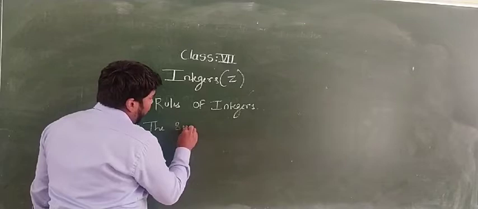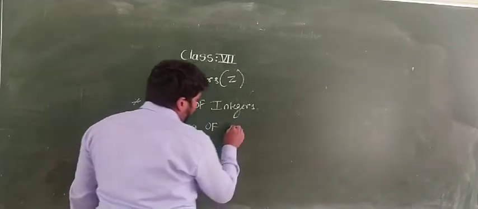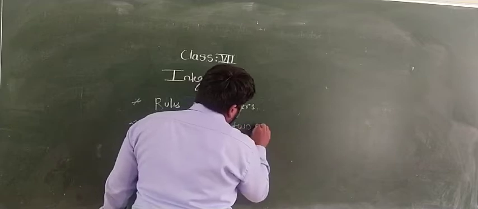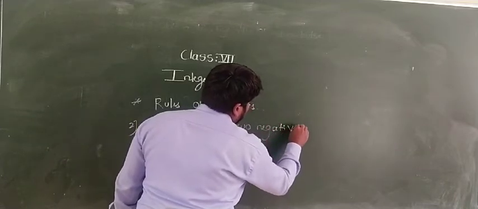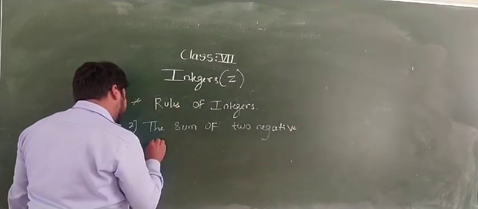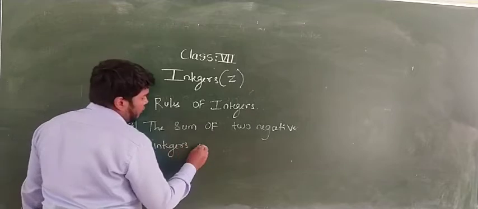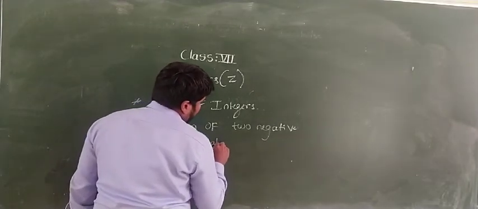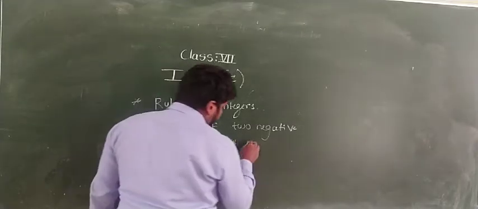Next property you are going to study: the sum of two negative integers is always a negative integer.